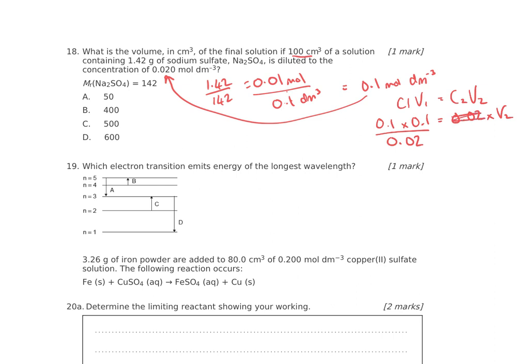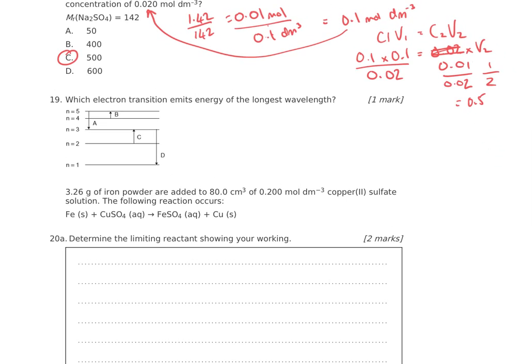So 0.1 times 0.1 is 0.01. So then if I do 0.01 over 0.02, that's 1 over 2. So that's 0.5. Okay, so 0.5 decimeter cubed, which should be 500 centimeter cubed. Long-winded question for a 1 marker.